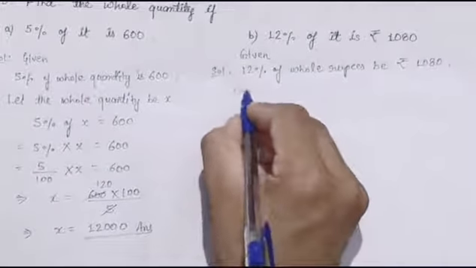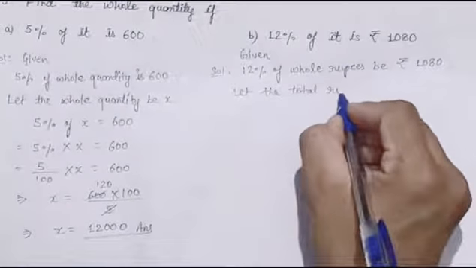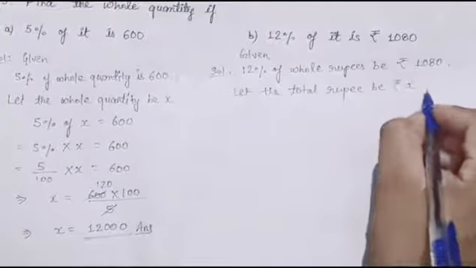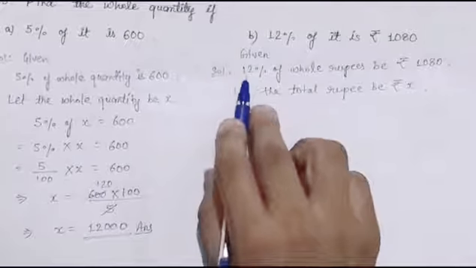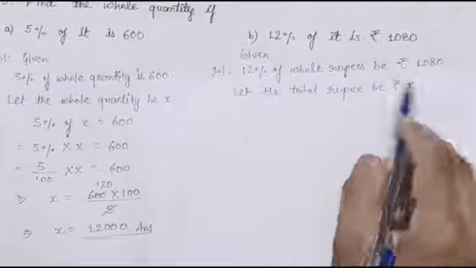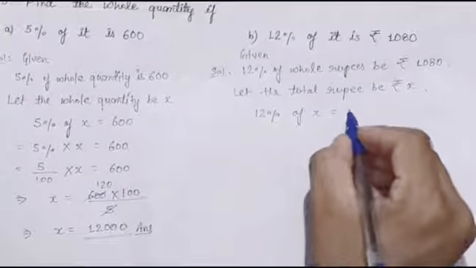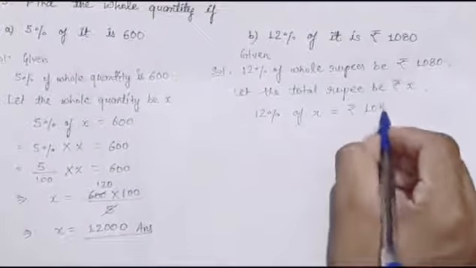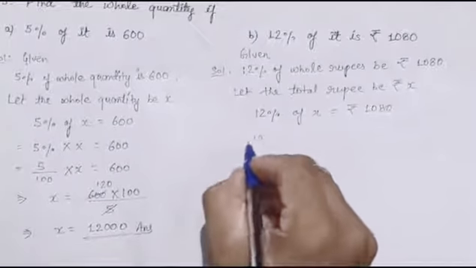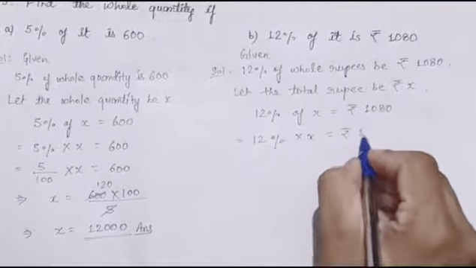Now let the total rupee be X. Then according to question, what we can write? 12% of the whole rupees, that is 12% of X is 1080. 12% of X is equals to rupees 1080. Again, you know, of means multiplication. Then what we can write? 12% into X is equals to rupees 1080.